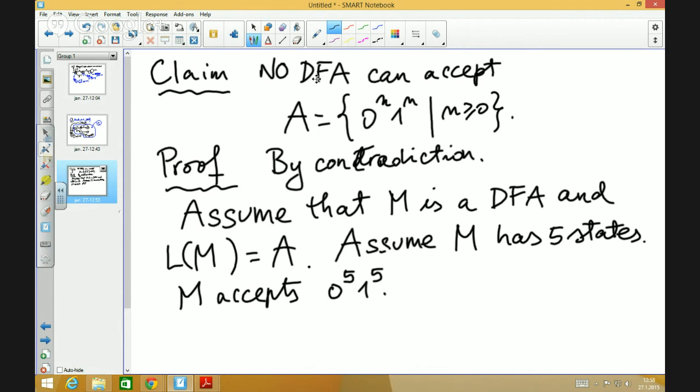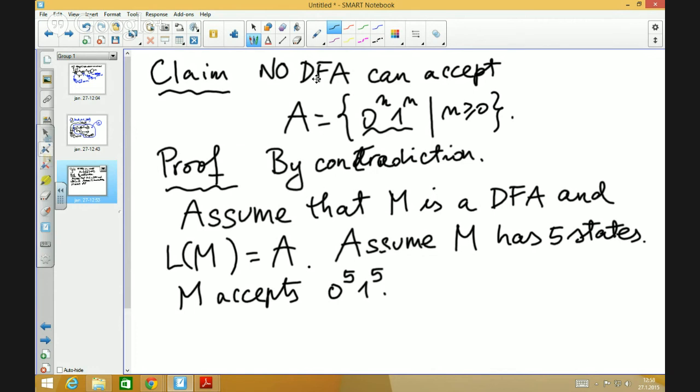Since M accepts every string of this form, in particular, it will accept a string that starts with 5 zeros followed by 5 ones. Why? Because that's a specific element of this language, capital A. So now let's feed our automaton with this specific string, 5 zeros followed by 5 ones.